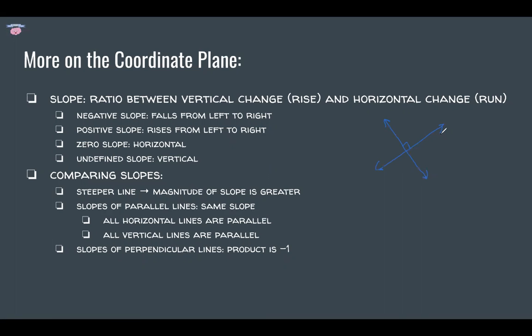So if these are perpendicular, m1 times m2 is equal to -1. Something to note: all horizontal lines are parallel, all vertical lines are parallel. All horizontal and vertical pairs of lines are perpendicular. So the coordinate plane itself is a pair of perpendicular lines, because this is one vertical, this is one horizontal.